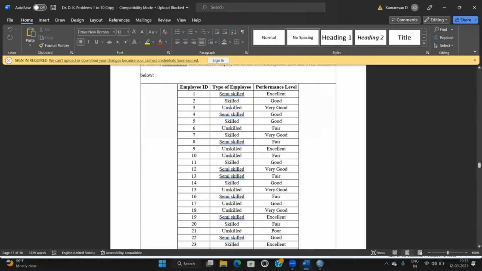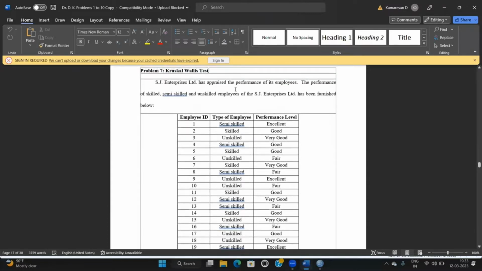So it is the similarity between one-way ANOVA and Kruskal-Wallis test. What is the difference? The dependent variable. Earlier, the dependent variable was given as satisfaction score. So it is a scale data. But here it is given as ordinal data.